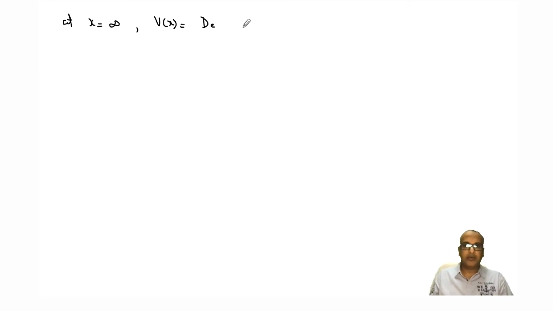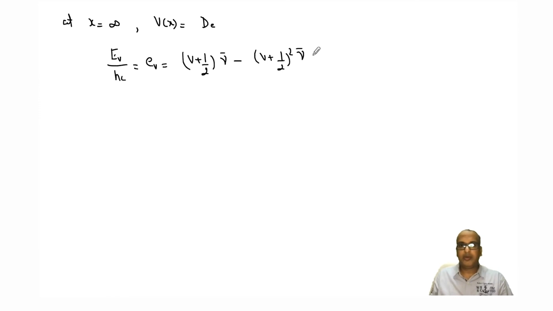Now I can calculate my energy here, E_v divided by hc, so it will be (v plus half) nu bar minus (v plus half) squared nu bar chi_e, and plus higher order terms which are generally omitted because those will be very small.